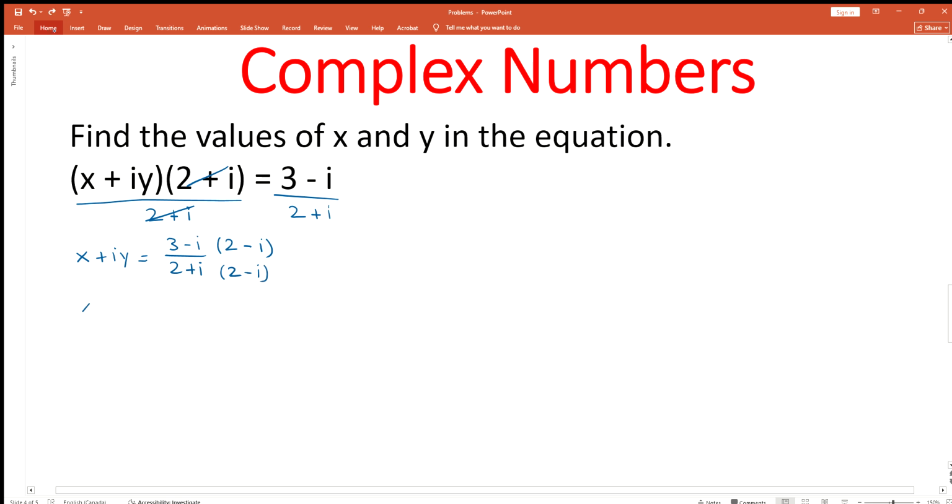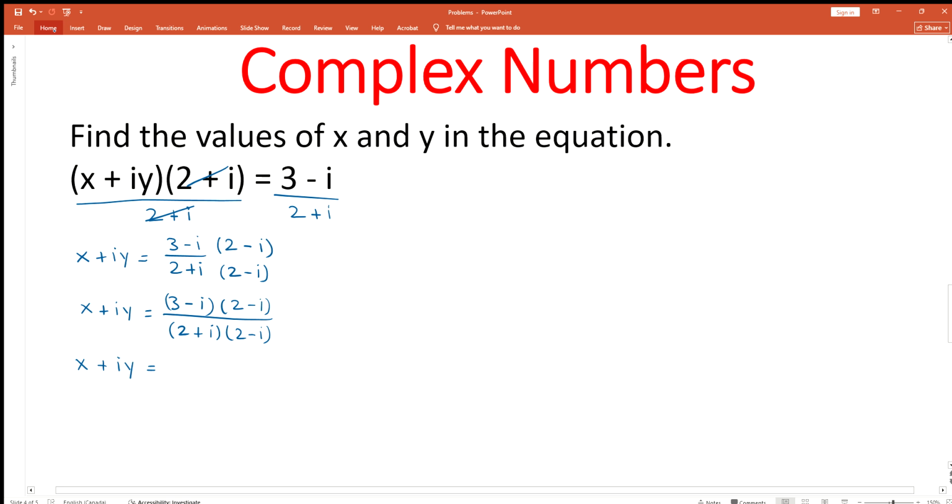I get x plus iy equals (3 minus i) times (2 minus i) over (2 plus i) times (2 minus i). We can simplify the fraction on the right side by distributing the terms in the parentheses.